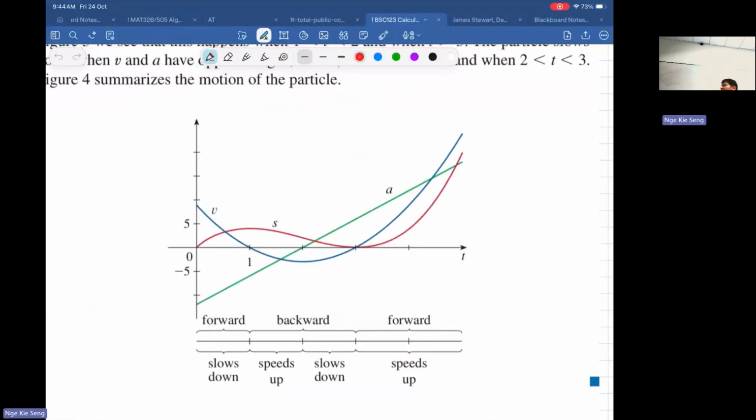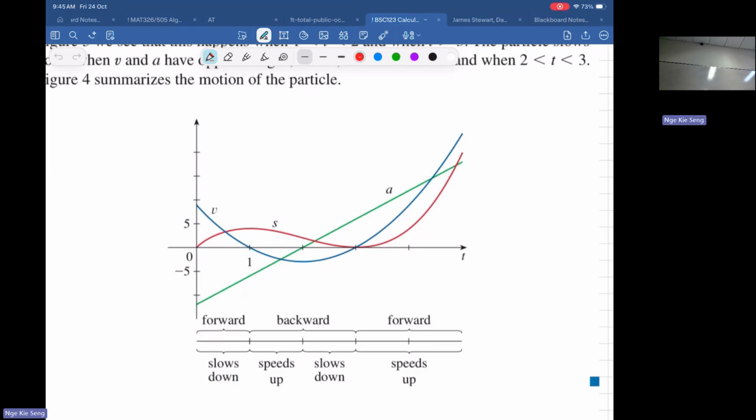You got S, the red line, V is the blue line, and A is the acceleration. Your acceleration is linear actually. So when do they have the same sign and different sign? We compare V and A. You can start from 0 first.